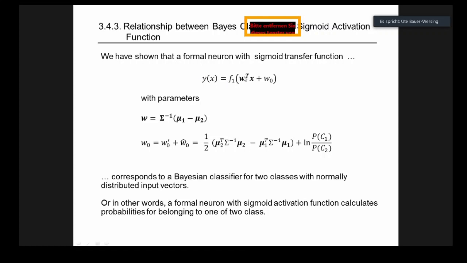So this formal neuron calculates posterior probabilities. And I think this is a nice connection between the statistical models in machine learning and the neural networks.